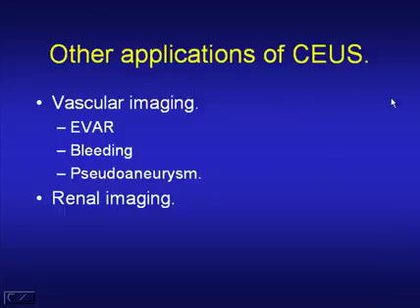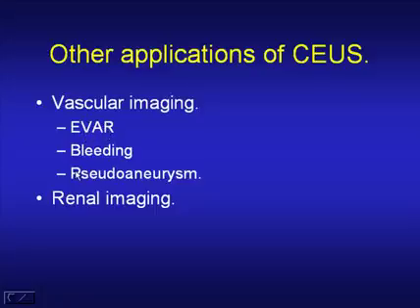Now, there are a number of other applications of contrast-enhanced ultrasound that I don't have time to talk about. They can be used very effectively in renal imaging to look at tumors and characterize them, and also distinguish to a certain extent benign from malignant small renal tumors at least as effectively as we can with CT. But they can also be used very effectively for vascular imaging. They can be used to show leaks for endovascular aortic repair.